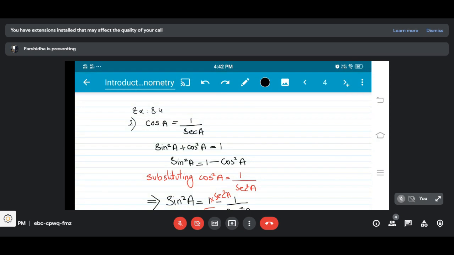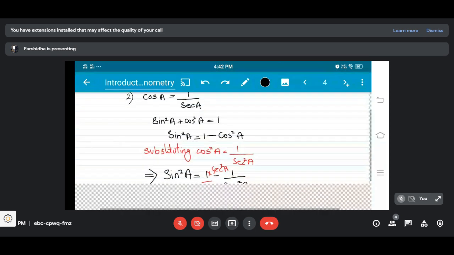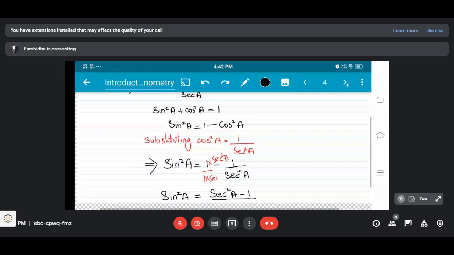First one is cos. Cos A equal to 1 by sec A. Second one we have represented sine. So copy from here.